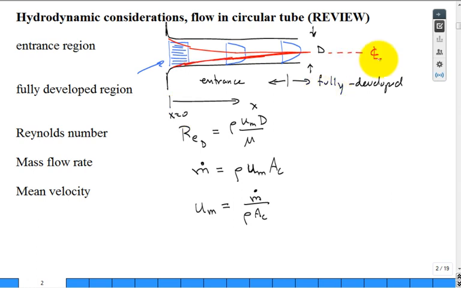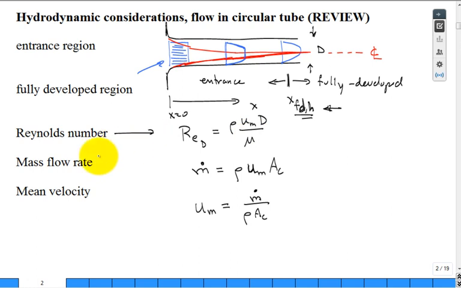Let's just focus on the hydrodynamics. At a section down here, the viscous effects of the wall are propagating into the core region of the fluid. But at some point, at this distance, we'll call it x, it is fully developed hydrodynamic. We're going to talk about that in a second on the next slide.